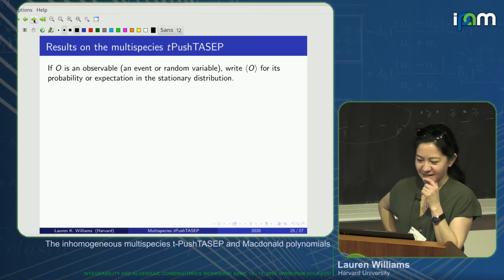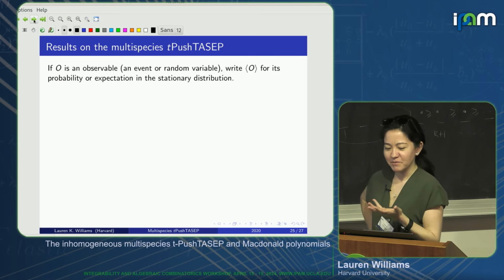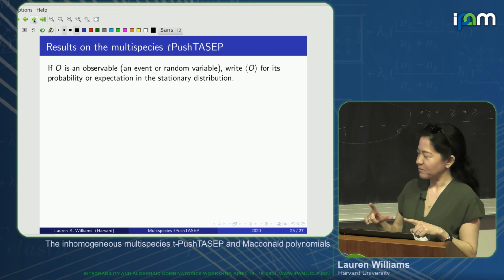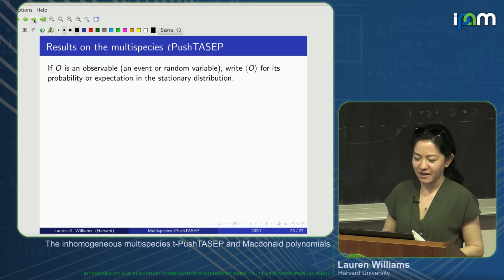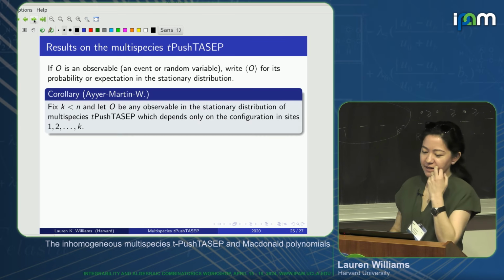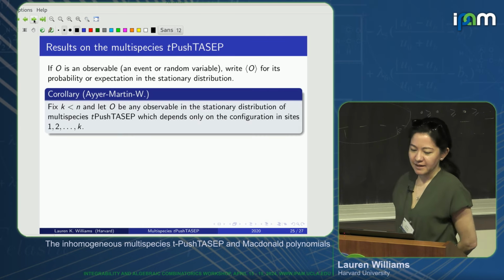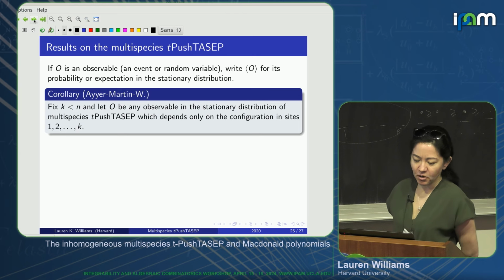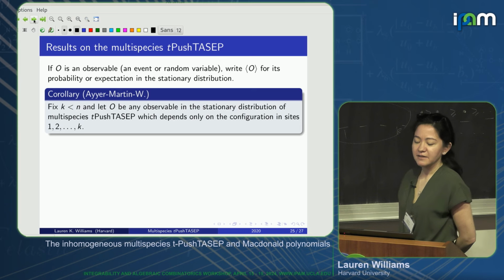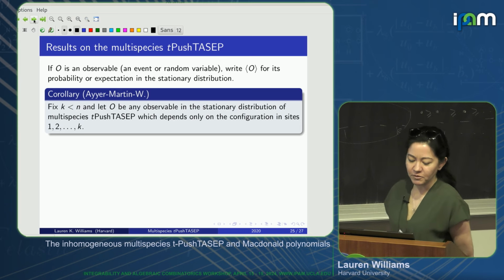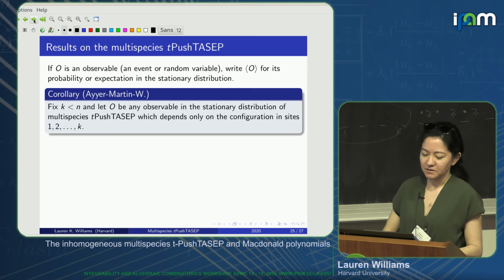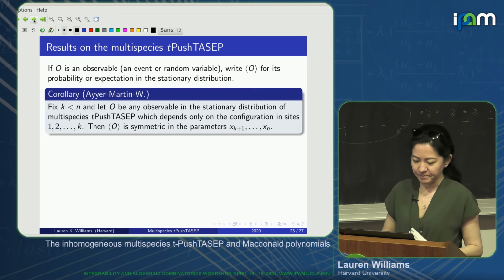Another result is the following. Suppose O is some observable, so an event or a random variable, and let's write brackets O for its probability or expectation in the stationary distribution. Then a corollary is that, suppose k is a number less than n, and let O be any observable in the stationary distribution of multi-species t-PushTASEP which depends only on the configuration in sites 1 through k.